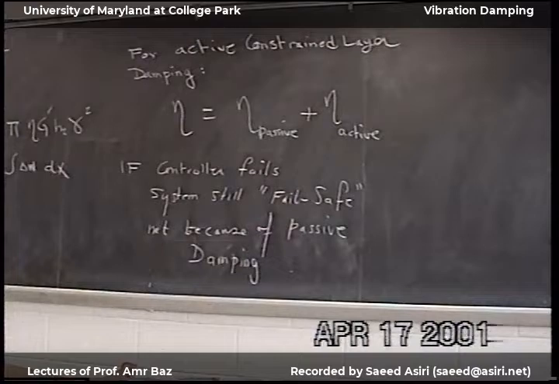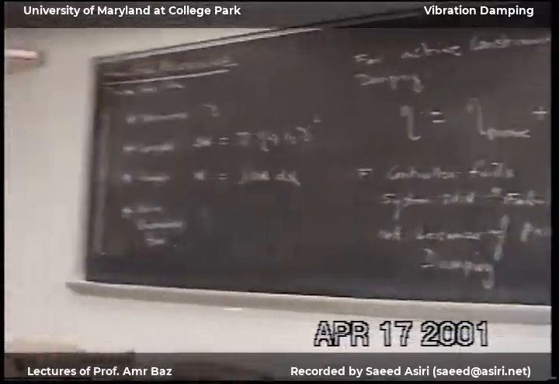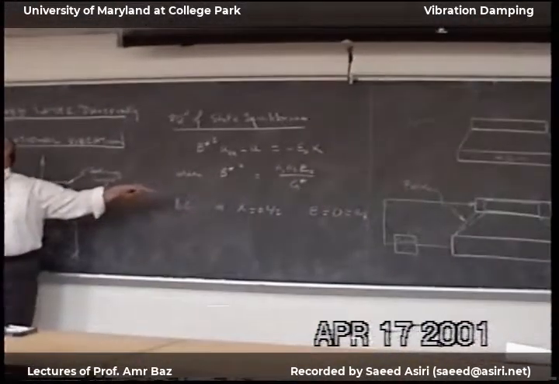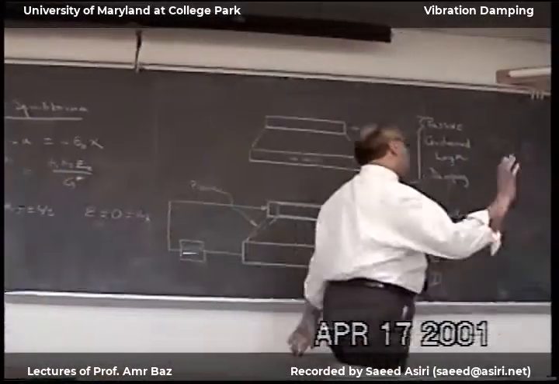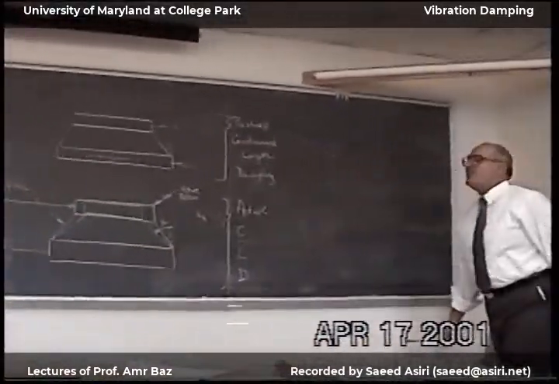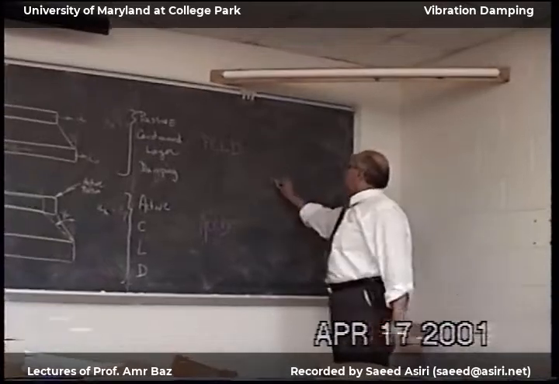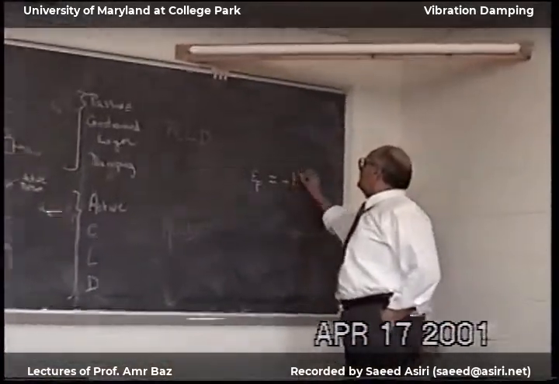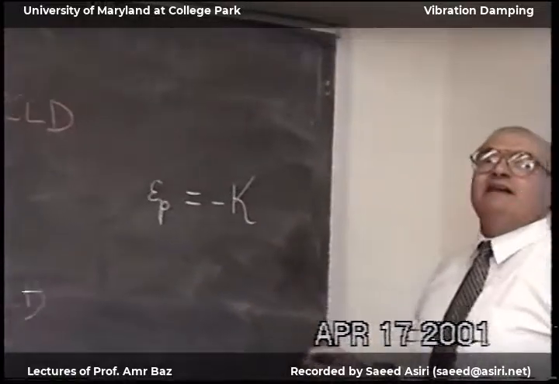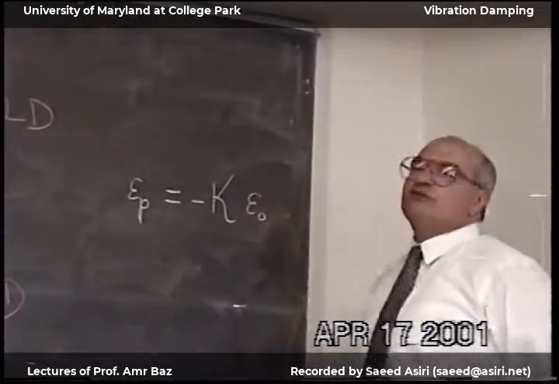We have to calculate the solution for this case, and then now in terms of the epsilon p. Now epsilon p, I did not include it in this homework problem. I can generate epsilon p is equal to minus some control gain epsilon 0.